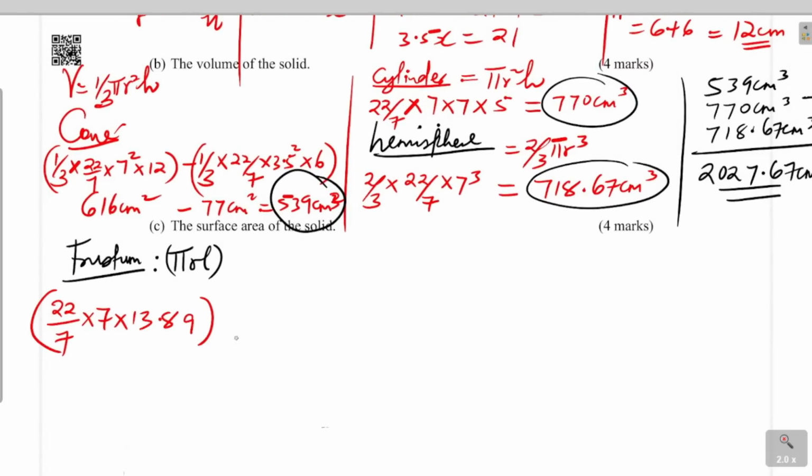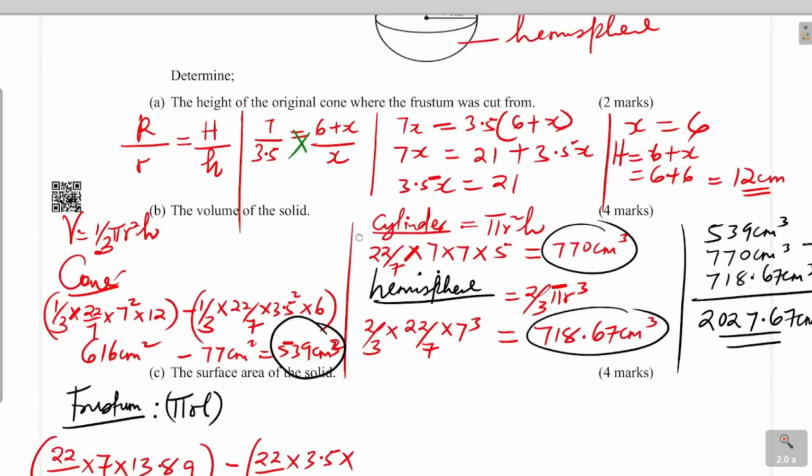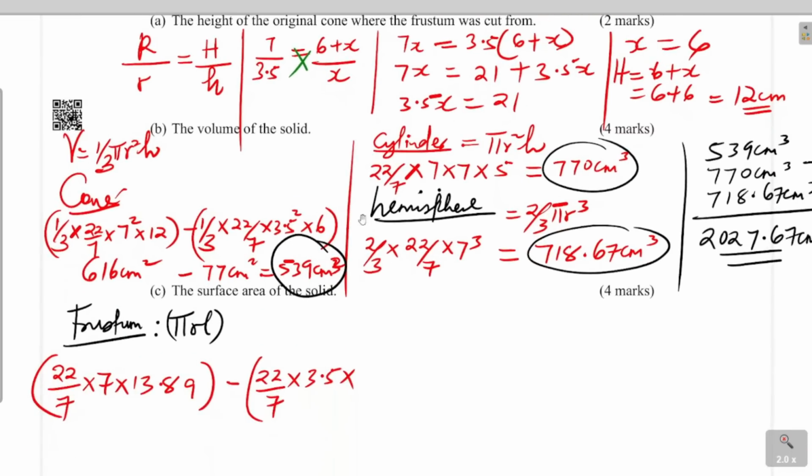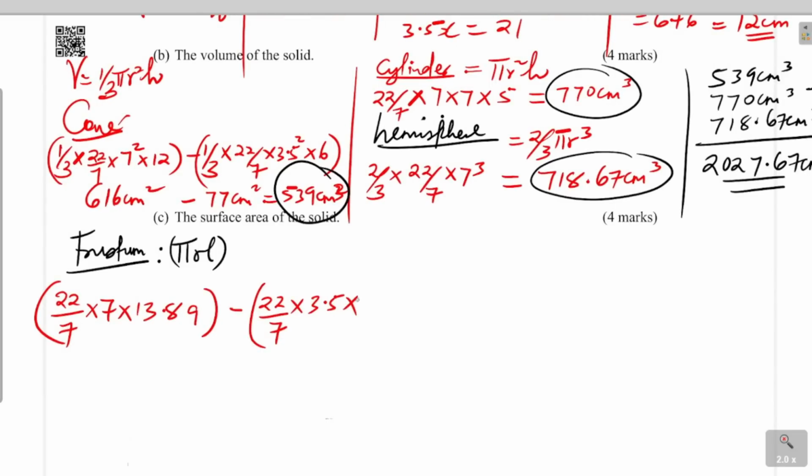So that will give the surface area of the bigger cone. Then subtract the surface area of the smaller cone. The radius of the smaller cone is 3.5, and the slant height of the smaller cone we got is 6.946. So work out these.